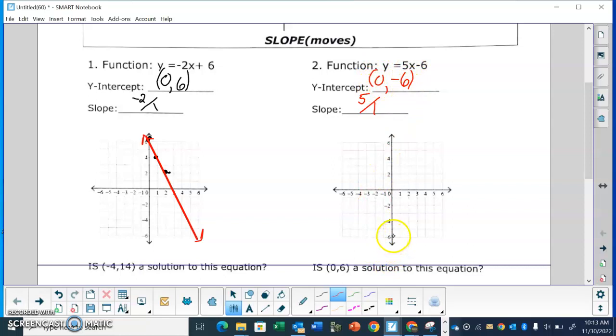So (0, -6), there's our point. Now it says 5, and it's positive, so we're going to go up 5 and over 1, and we have a second point. Now I could put a third point on there. If your points are really close, I'd advise putting a couple points to spread out, but since these are fairly spread out, I can go ahead and put my line in.